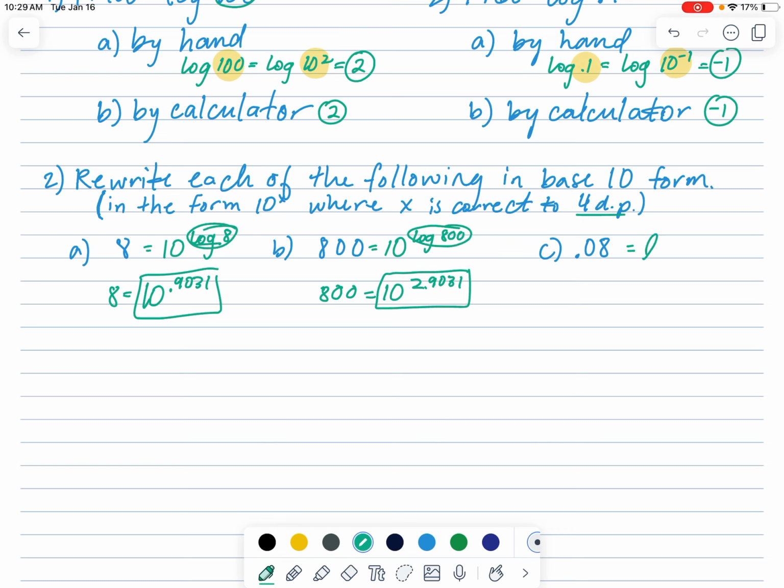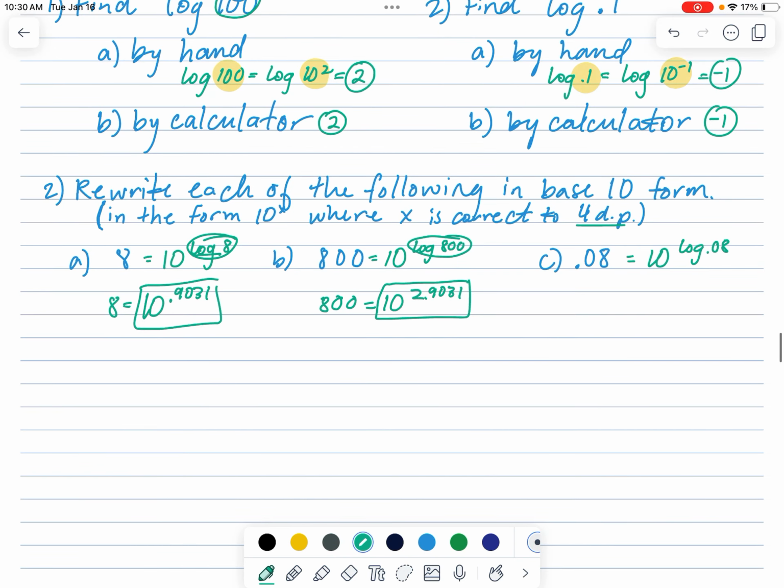Or in this case, evaluate log of 0.08. We're just using the log of 0.08 as our power of 10. It's because the 10, the base of our exponent, and the log base 10 cancel each other out, giving us just 0.08.